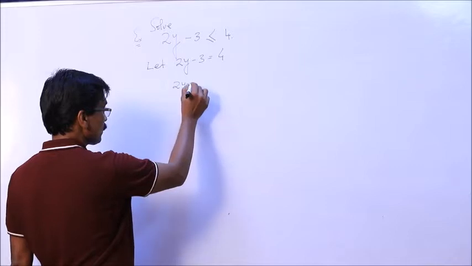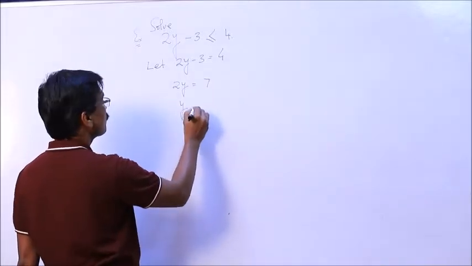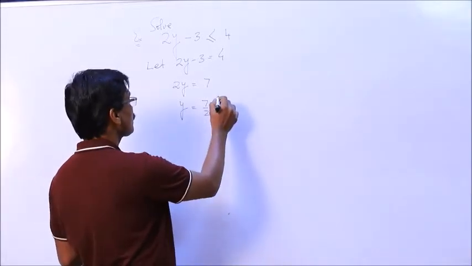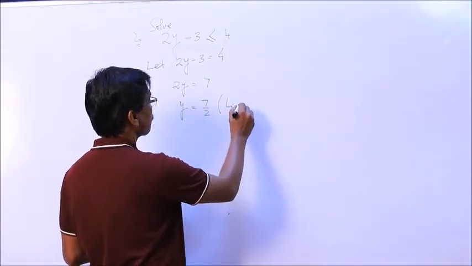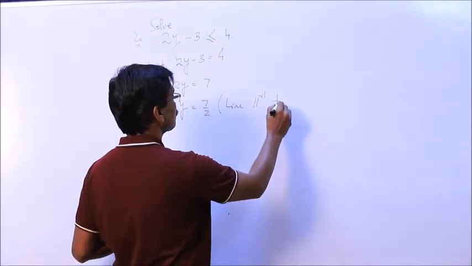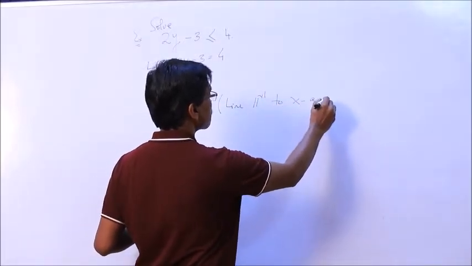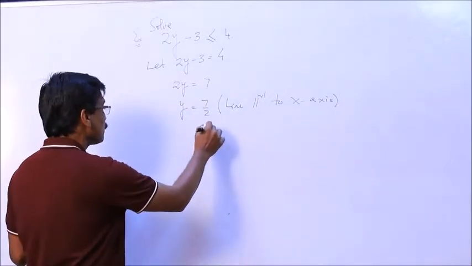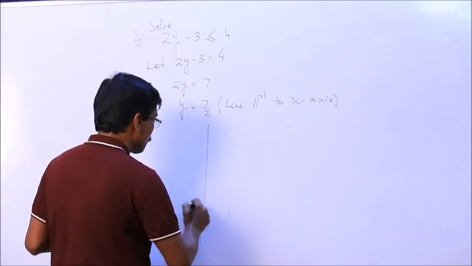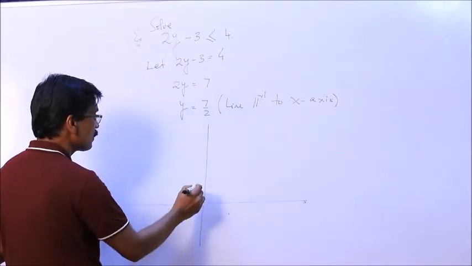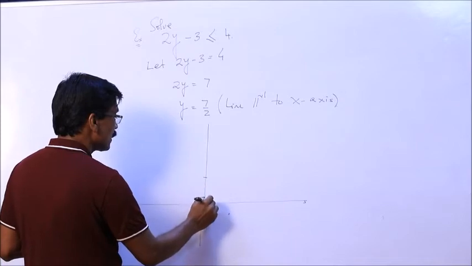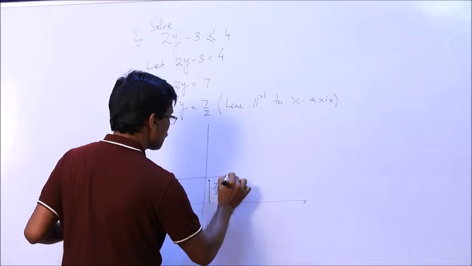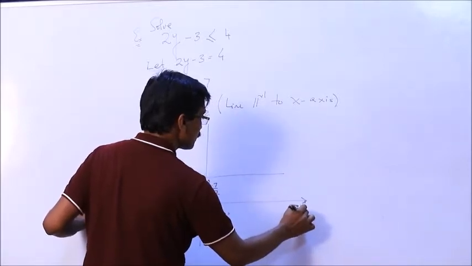So, 2y is equal to 7, so y is equal to 7 by 2. So, y is equal to a constant is a line parallel to the x axis. So, this line is y is equal to 7 by 2, and it is a line parallel to the x axis.